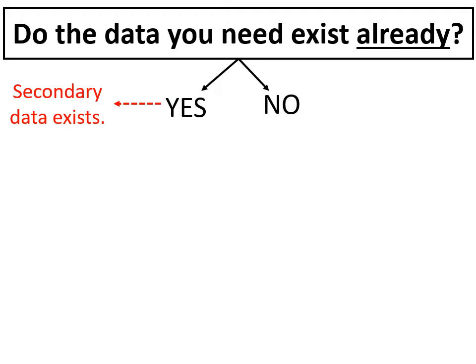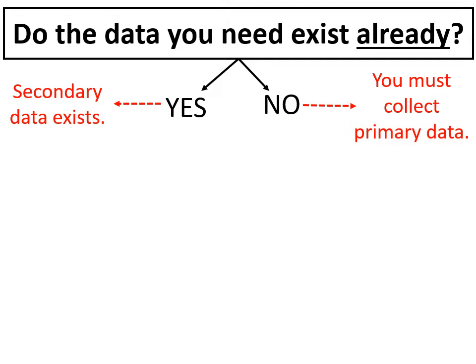If the data I need don't exist, so let's say I was looking at a dog park in Welland or Fort Erie or Toronto, if the data don't exist, then I have to collect those data.